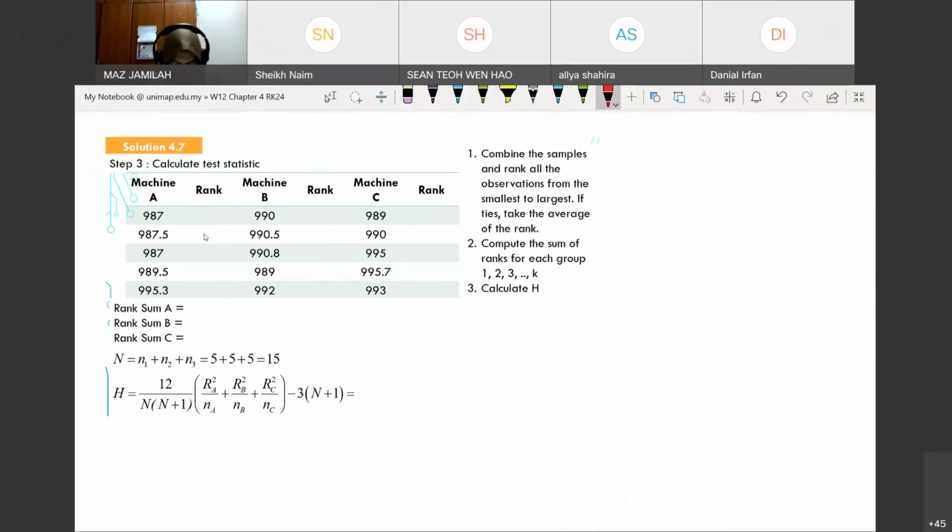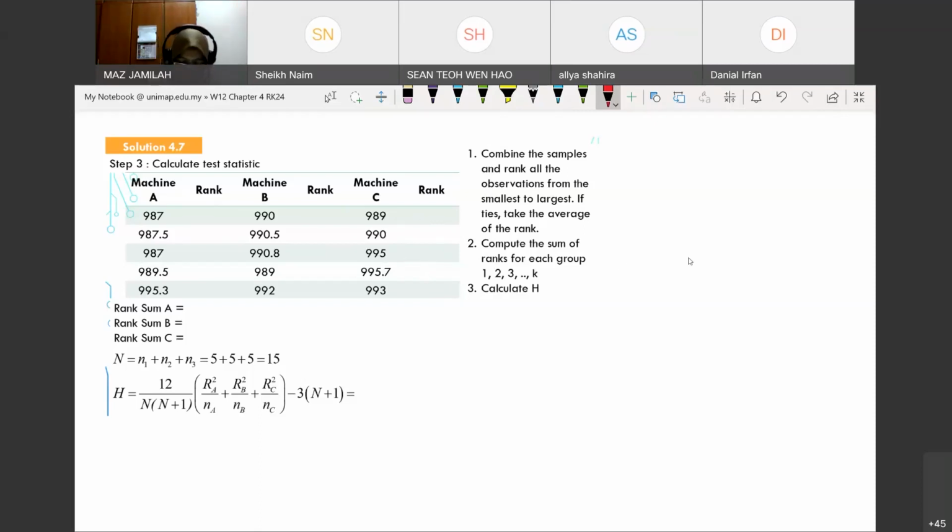Then, once you have the ranks, you find the rank sum for each machine. I purposely did not do the ranking, just to show you how to begin with the ranking task.